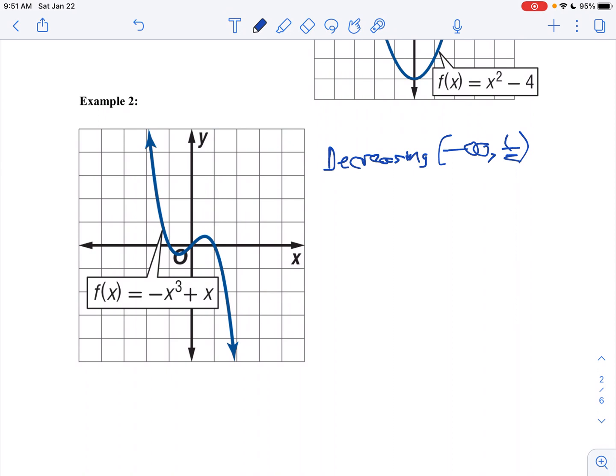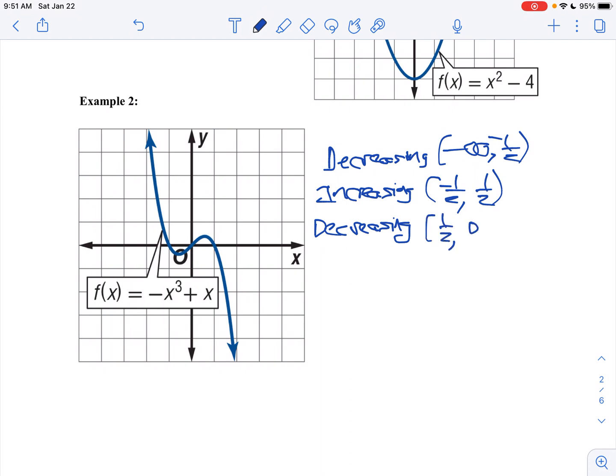Then it starts increasing from negative 1/2 to 1/2. And then it starts falling again, doesn't it? So then it's decreasing again from 1/2 to positive infinity.